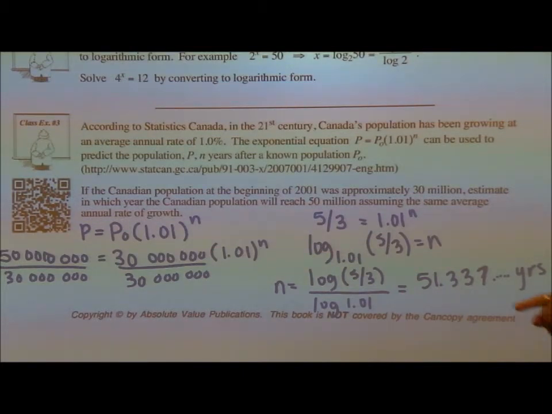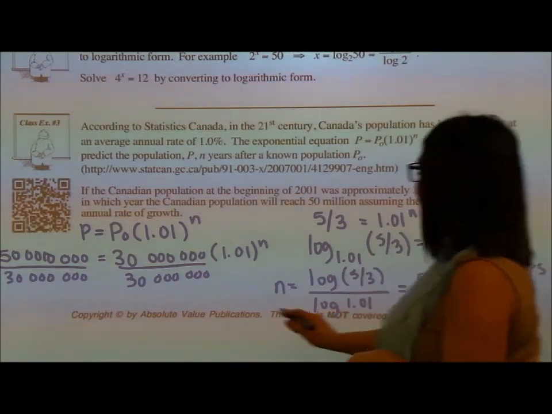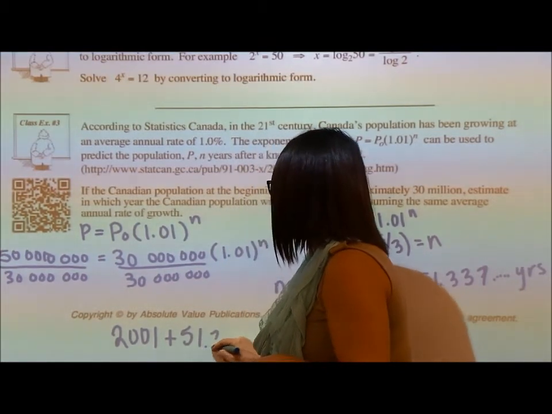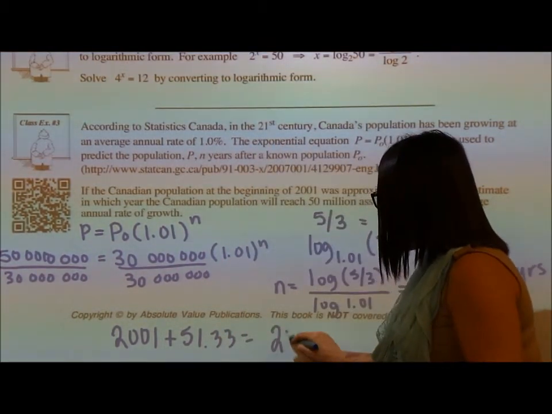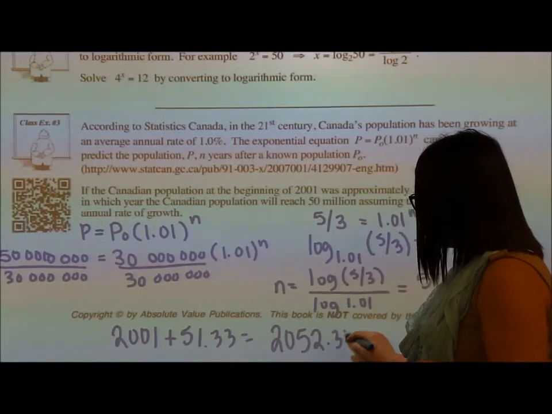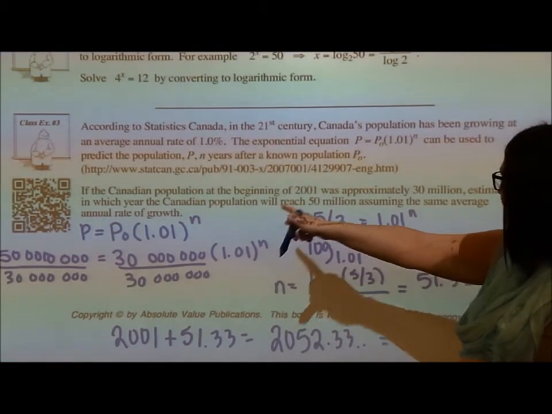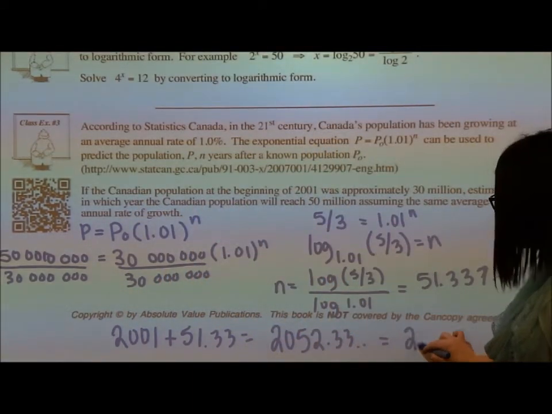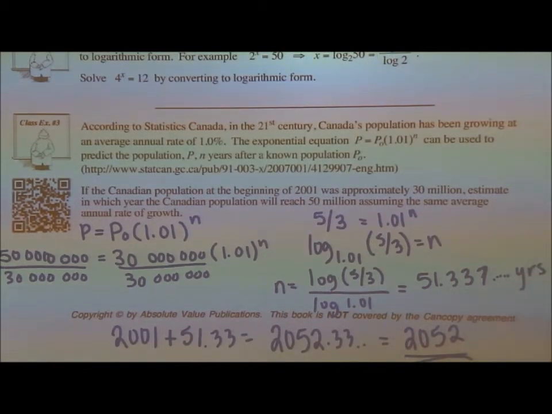Or does it happen gradually over the course of a year? Okay. So if I take the 2001 and I add in my 51.33 years, what I get is 2052.33, which says estimate in which year. So it'll be sometime during 2052 that the population will hit 50 million. Not at the beginning of the year, but sometime during the year.